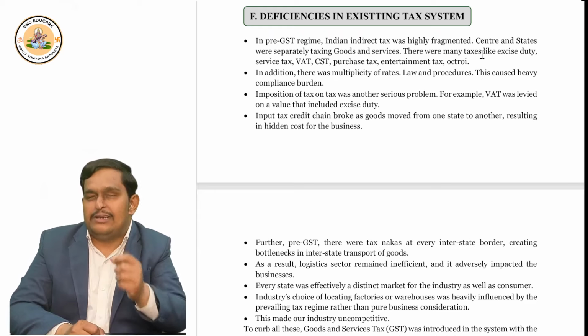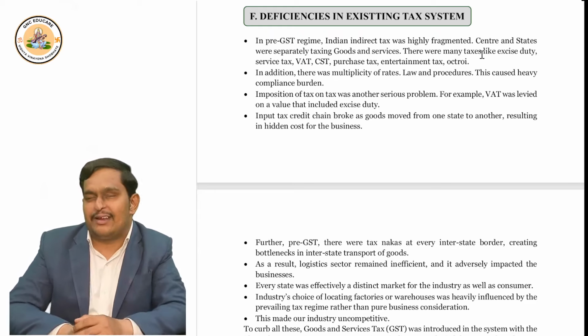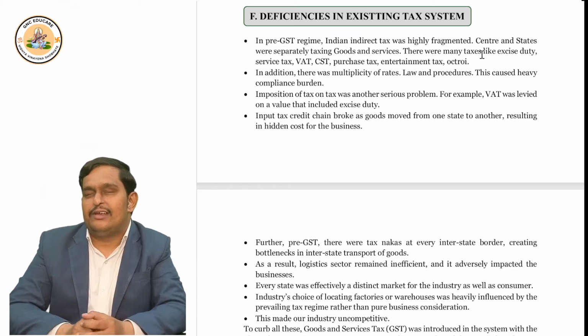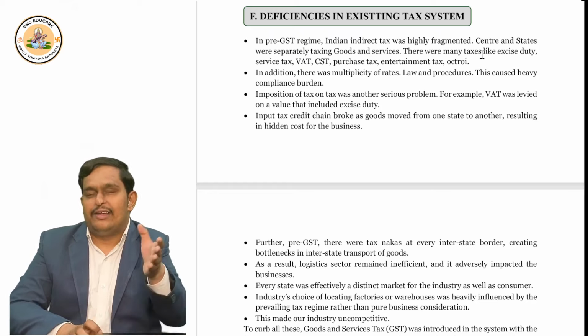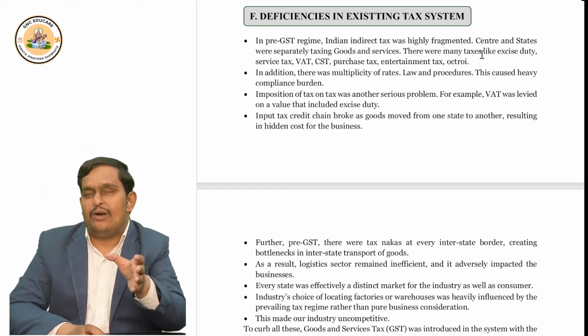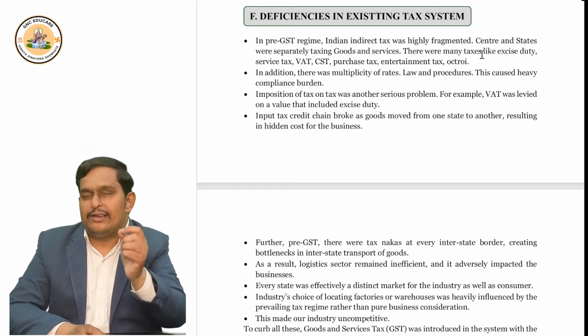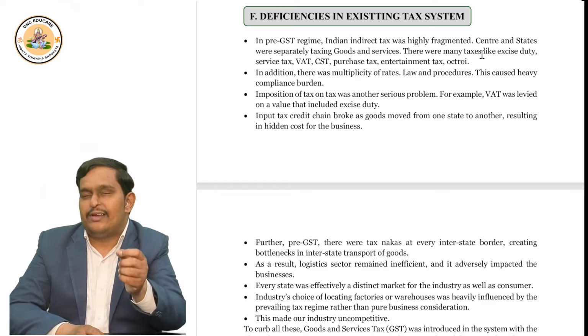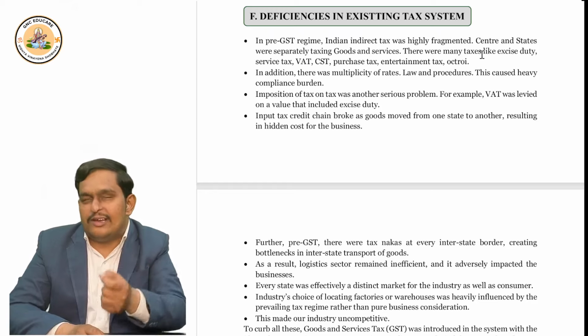Like that, multiple rates of taxes were there. Then every law has its own procedure for compliances, right? Every month or quarter, you have to give details of your income, your sales, service provision, right? Tax paid to the authority, yes or no?